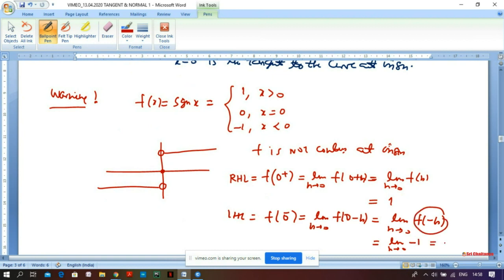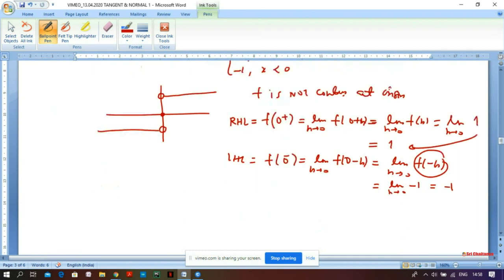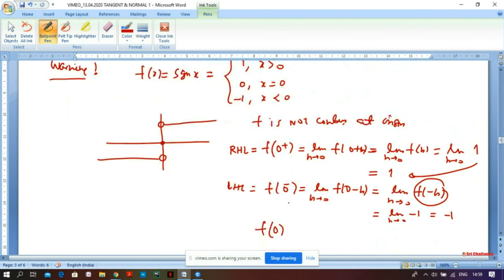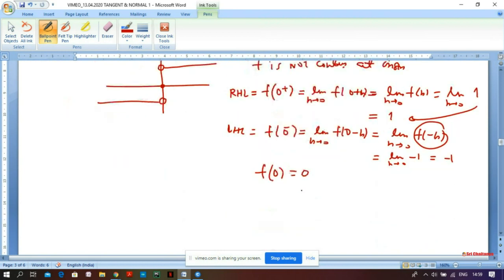So they are not equal. Anyway, the limit does not exist, and so there is no question of continuity. Although f(0) is defined, that does not matter while calculating the limit. On record, f(0) is defined to be 0. So we know that this function is not continuous.